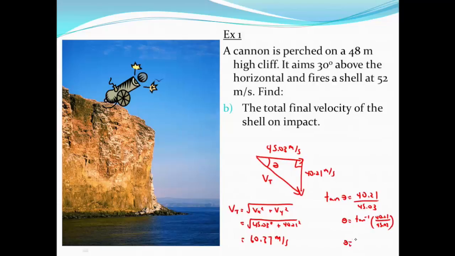And that's going to give us a theta of 41.8 degrees. So therefore, the final total velocity is 60.37 meters per second, 41.8 degrees below horizontal. And that's our final solution.